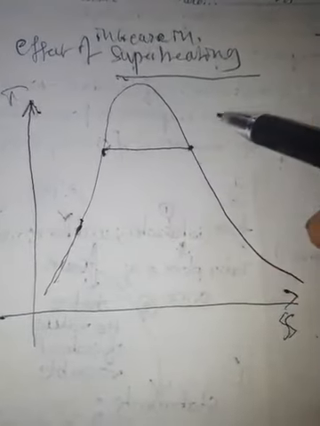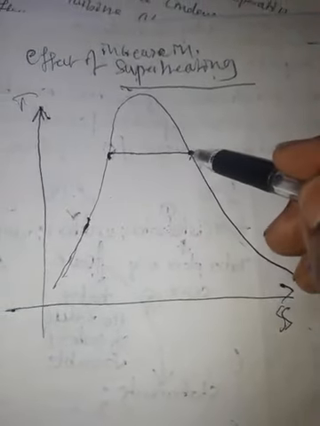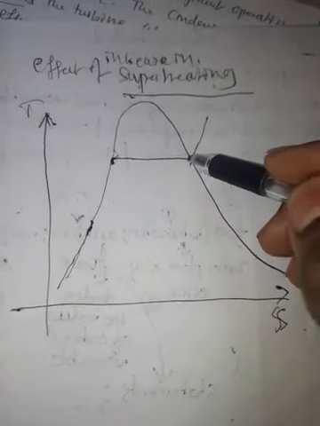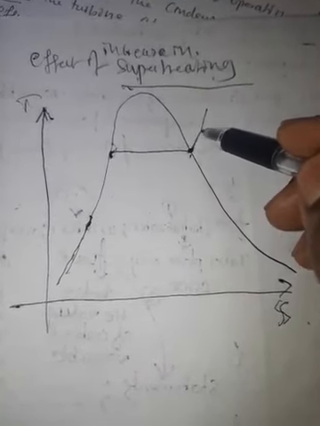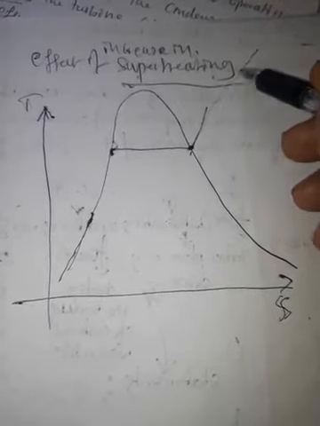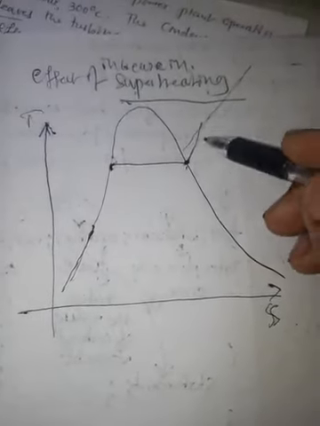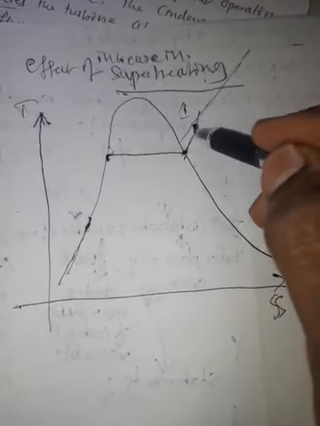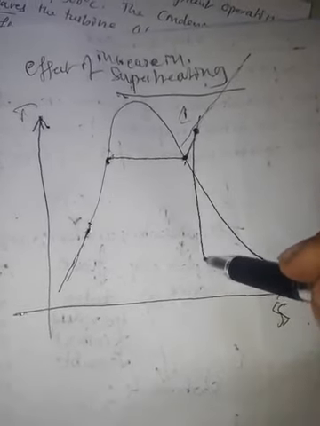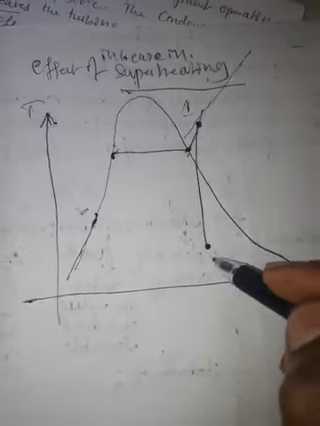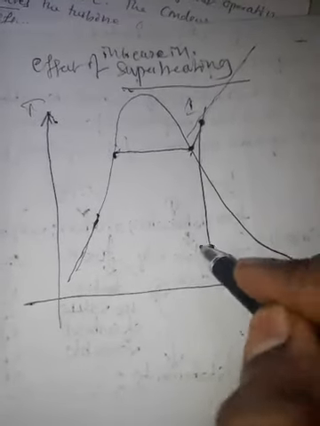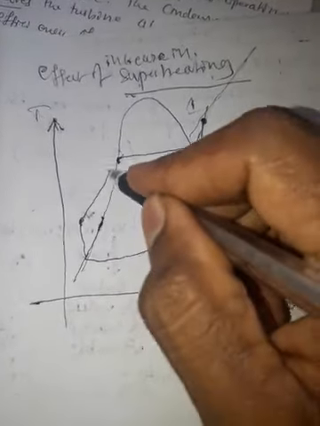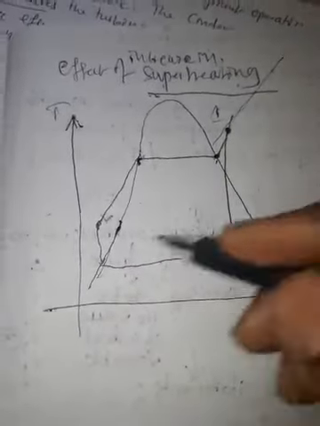This is the saturation temperature at the boiler. So this is the pressure line. First let me indicate state 1 here. 1 to 2 is isentropic process. 2 to 3, 3 to 4, 4 to 1 again.